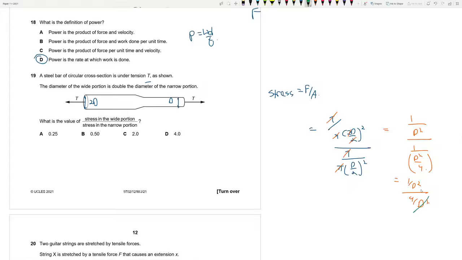And you can get rid of D square. Okay, so you're ultimately getting a value of 1 by 4. So the stress in the narrow portion is 4 times that of the stress in the wider portion, although the force is the same. So 1 by 4 translates to a ratio of 0.25, and 19 should be A. Hopefully you guys get it.